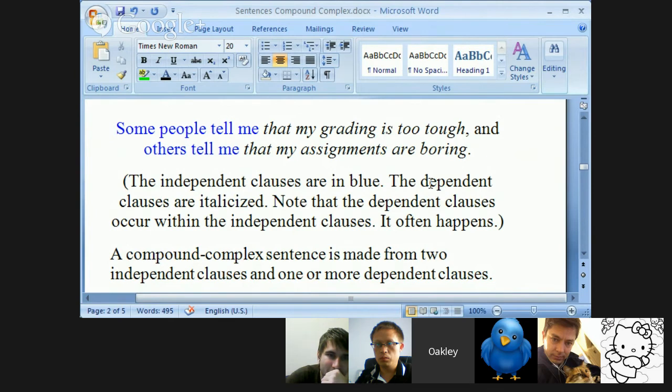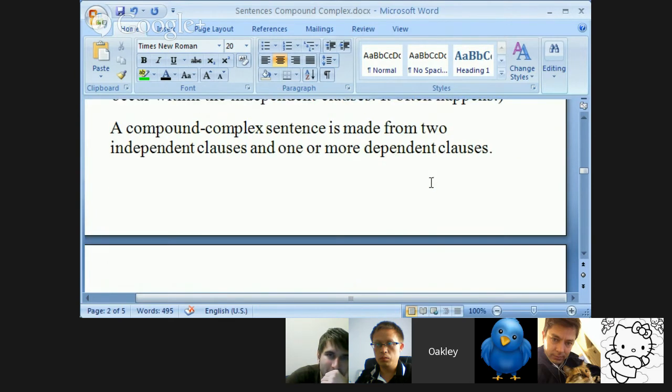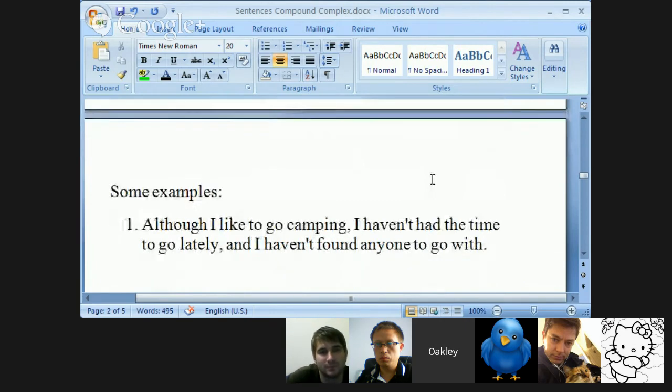Okay. All right. I want to see if you guys can identify the dependent and independent clauses here. Okay, so Zinho. Hello. In this example here, what is the dependent clause?